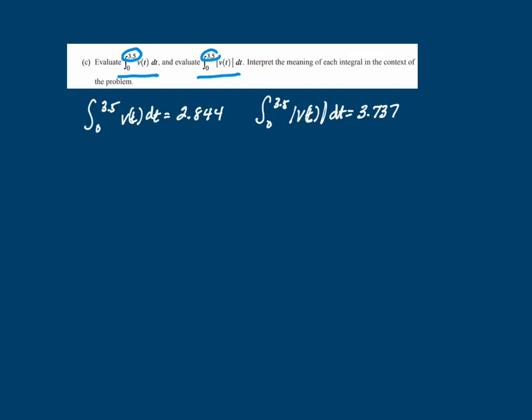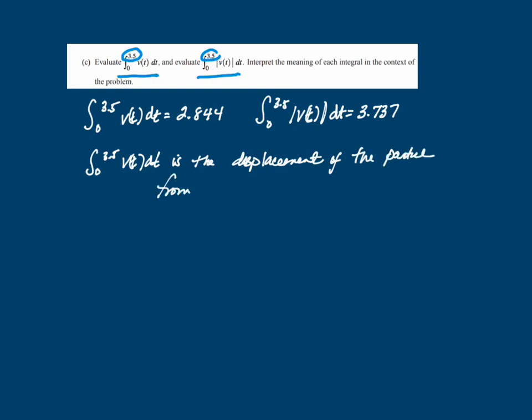Okay, and then you have to say what they are. So 0 to 3.5 of v of t dt is the displacement, use that word displacement, of the particle from 0 less than or equal to t less than or equal to 3.5.